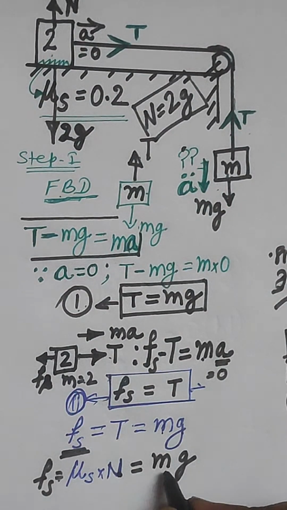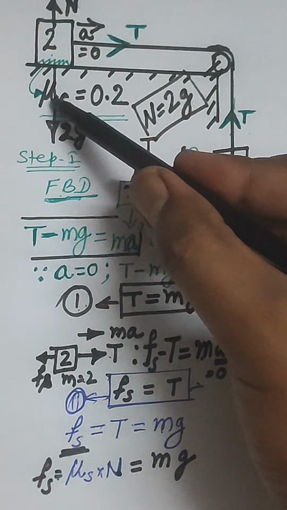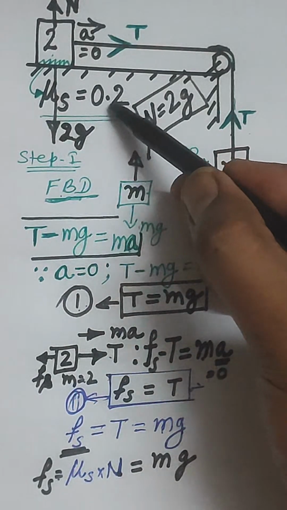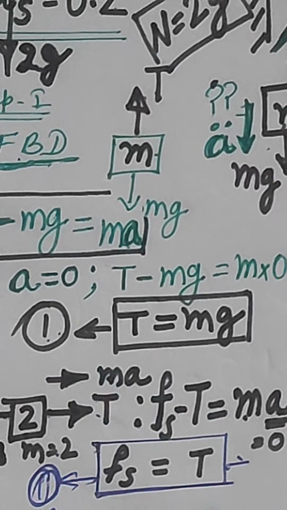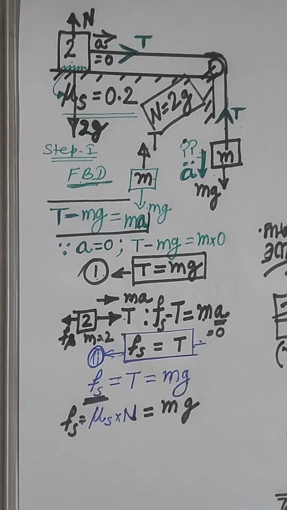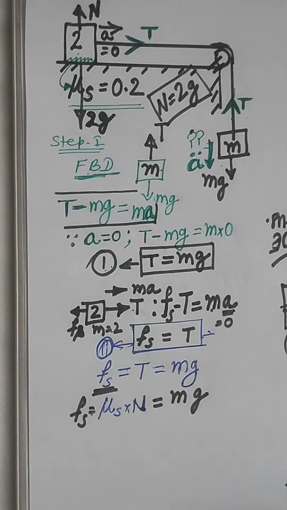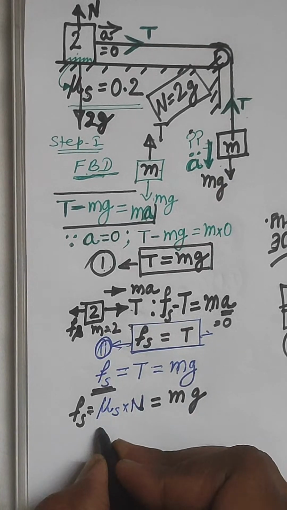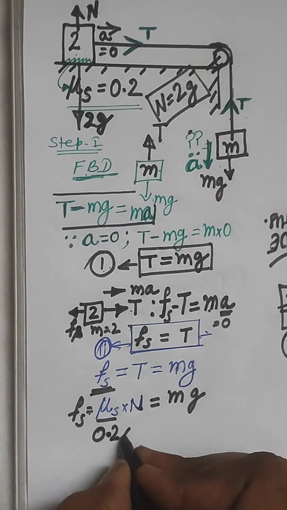Since the coefficient of static friction is given to you as 0.2, just put in the value. Putting in the value over here, mu s is 0.2, so write 0.2, right?